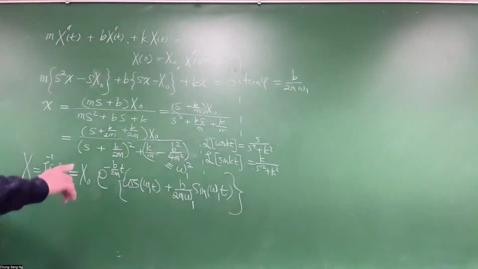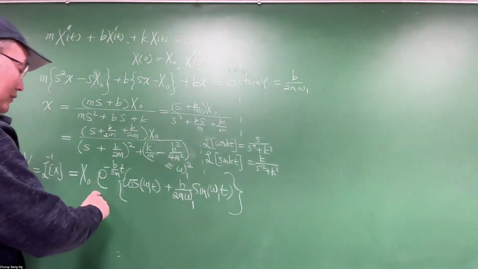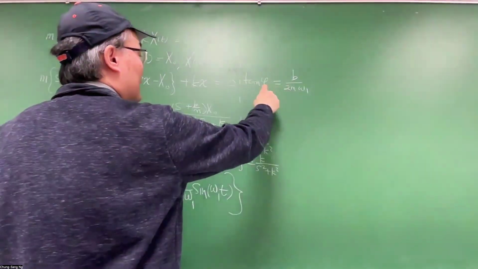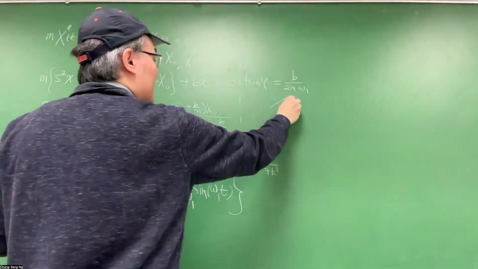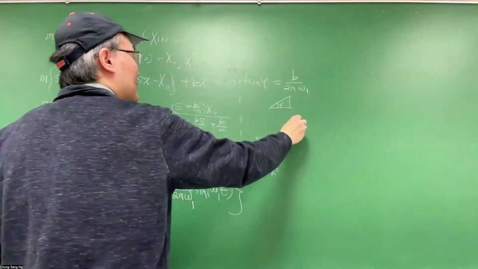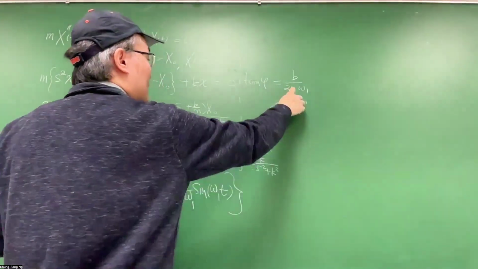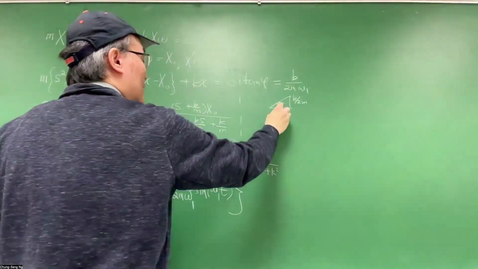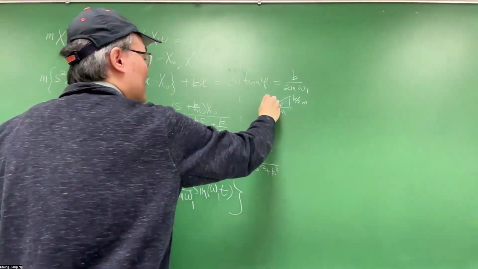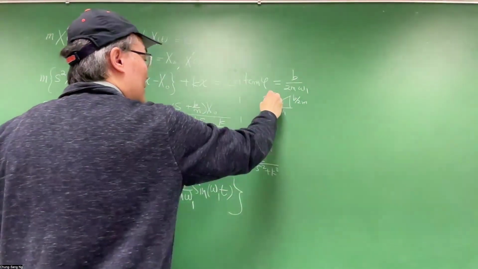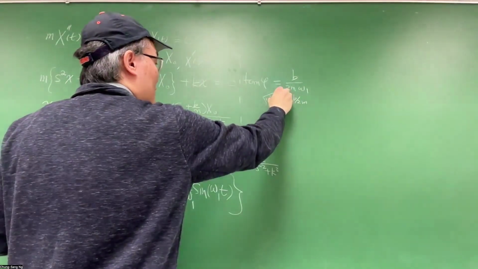If you do remember the formula. But you divide it by the cosine overall. But you figure out the cosine. The tangent phi is like that. You figure out what the cosine phi is. The tangent phi is like that. It's like you divide b over 2m and then divide by omega 1. And this one is the square root of omega 1 squared plus b over 2m squared.